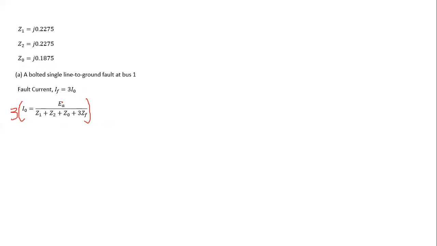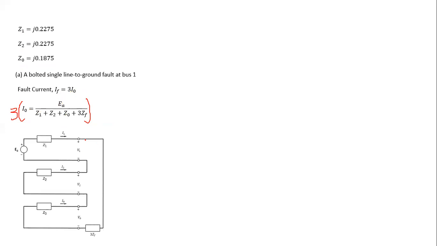So now we have the values of the Thevenin equivalent sequence impedances for the positive, negative, and zero sequence. We can now solve for the unsymmetrical faults. For a single line to ground fault, the fault current IA or IF is equal to 3 multiplied by the zero sequence current. This is the equation for the zero sequence current, and then we multiply it by 3 to determine IF.